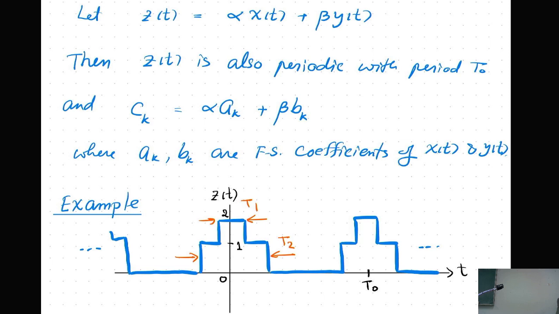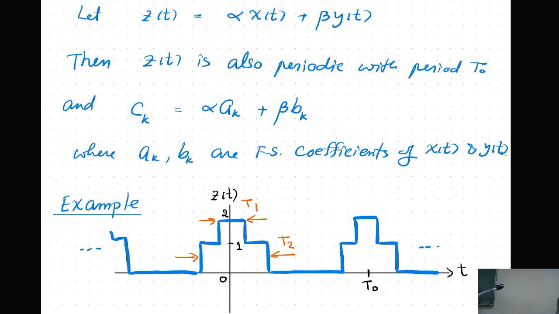And to this you add another rectangular signal which goes like this, and you're going to get z. Look at it again. You see this pulse is composed of two rectangular pulses. The first one being this guy, and then you add to it another pulse here, and the result will become this pulse.